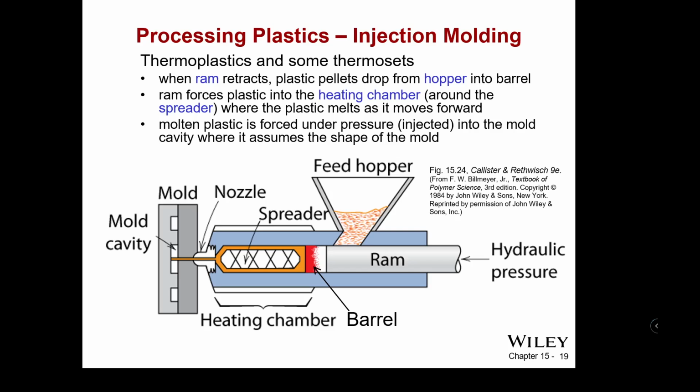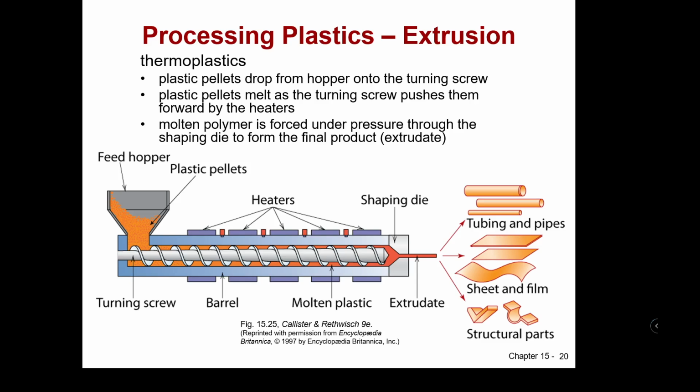Injection molding is more like this, where you have a feed hopper, a ram, and a heating chamber region and a spreader that evenly distributes out the pellets so that you have elimination of any gases or anything like that. The mold cavity gets filled and the material displaces the air, assumes the shape of the mold, then the mold gets separated and the parts come out.